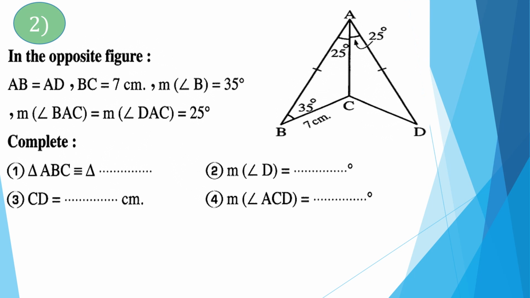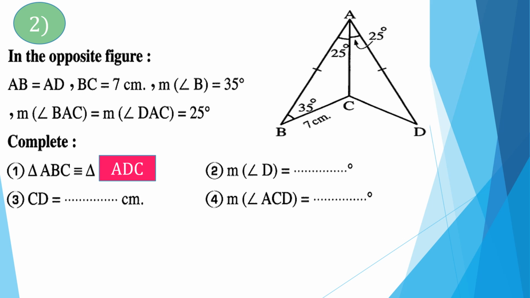Exercise number 2. In the opposite figure, AB equals AD, BC equals 7 cm, measure of angle B equals 35, measure of angle BAC equals measure of angle DAC equals 25 degrees. Complete. Number 1: triangle ABC is congruent with the triangle ADC.